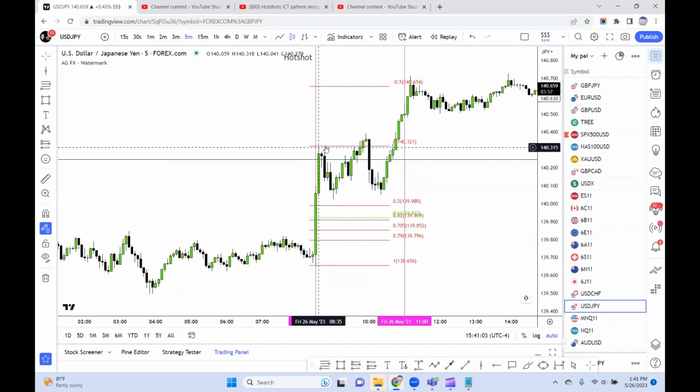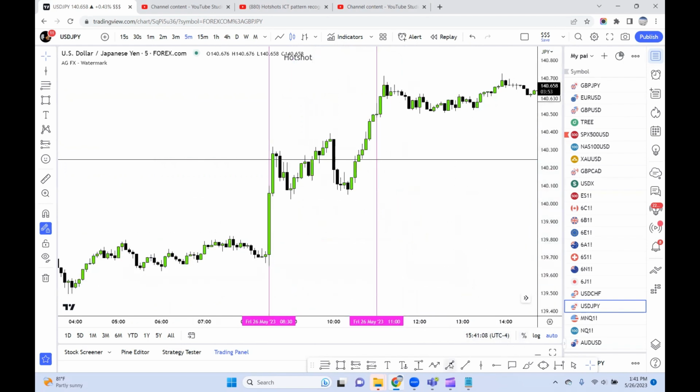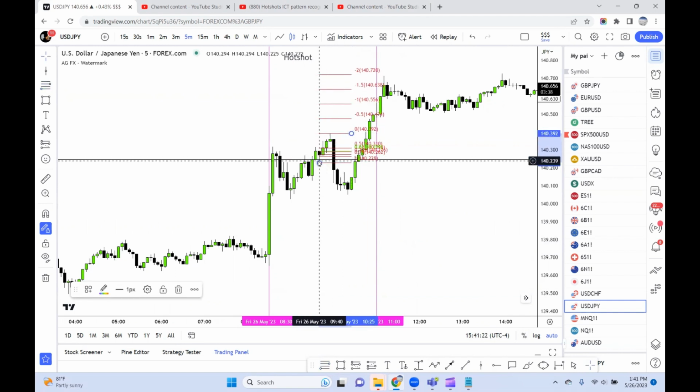Instead, it impulsed again, took out this high. Now, if you notice, our rules are to draw our fibs off of the most recent 3 candle swing in that expansion, right? So the most recent 3 candle swing would be right here. I know you might say right here, but this doesn't give us much range, you know? So we would say right here.